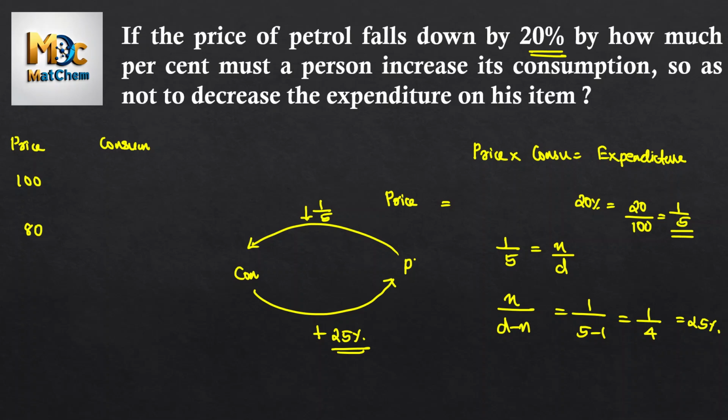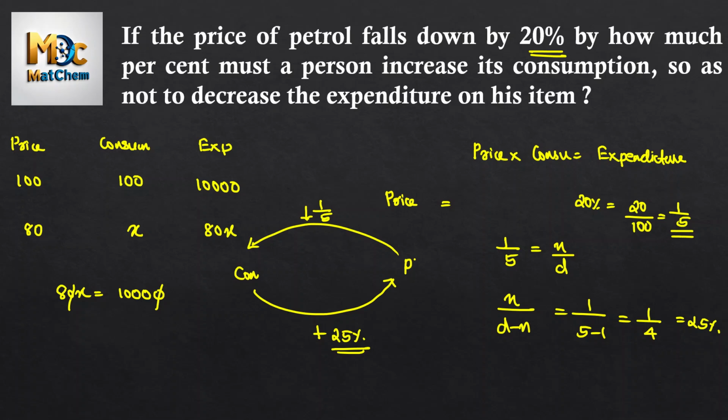We don't know the initial consumption, so we assume the initial consumption is also 100. We know that price into consumption equals expenditure, so the expenditure is going to be 10,000. The new one is going to be 80x. Since the expenditure remains constant, 80x will be equal to 10,000.